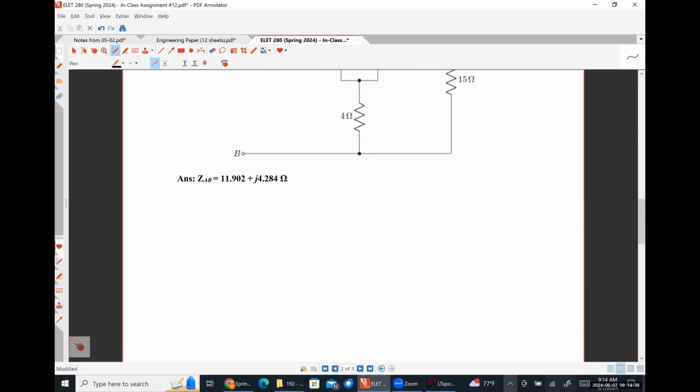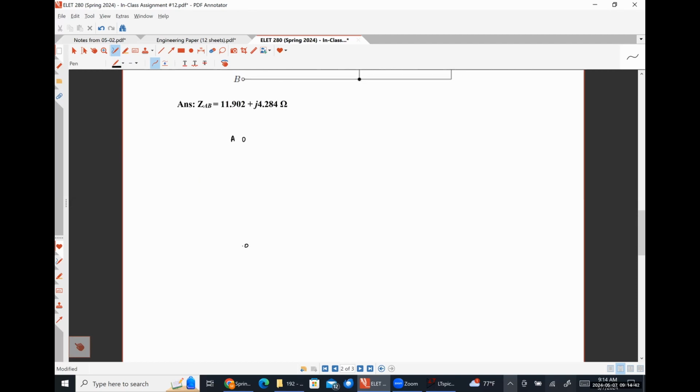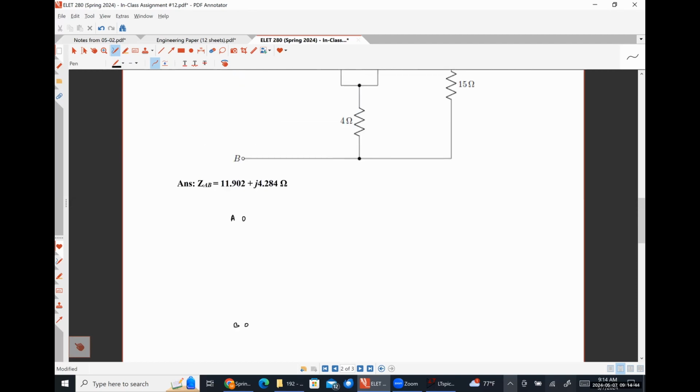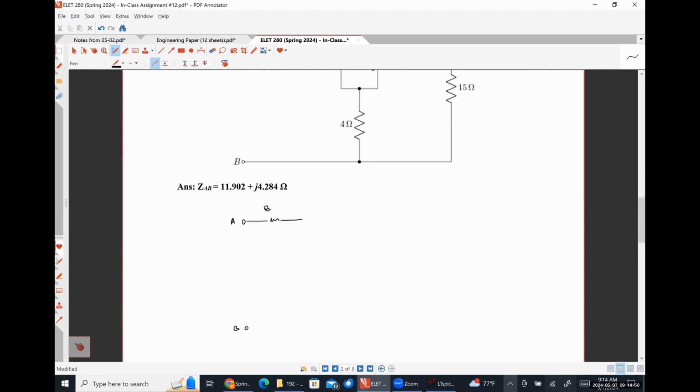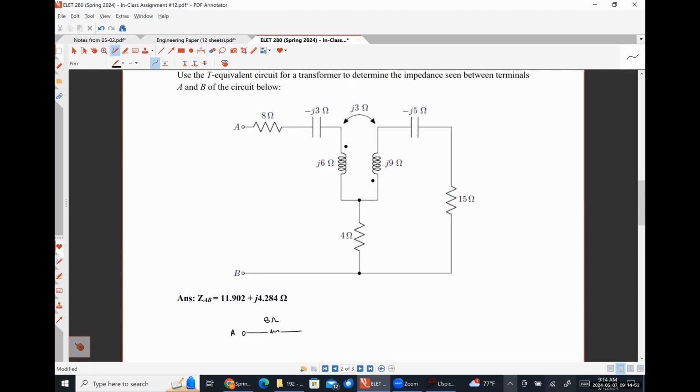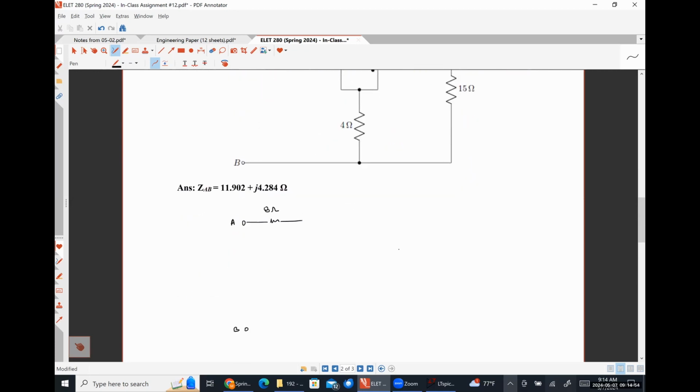So here's A, here's B. Our 8 ohm resistor remains unchanged. Our minus j3 ohm capacitance remains unchanged.